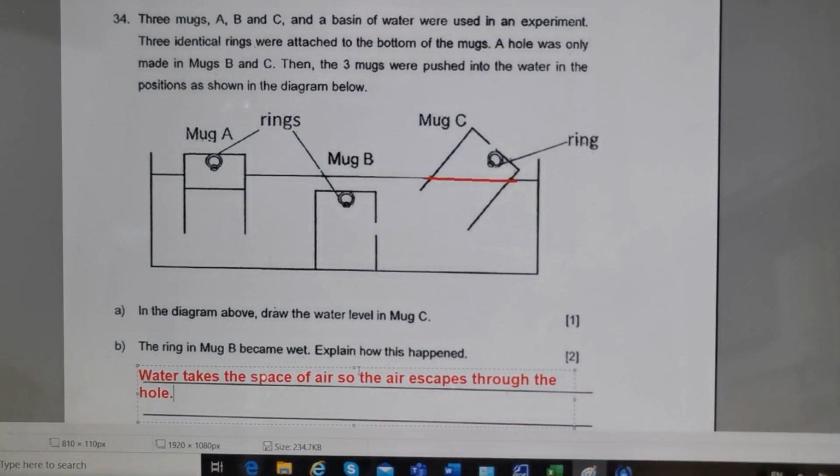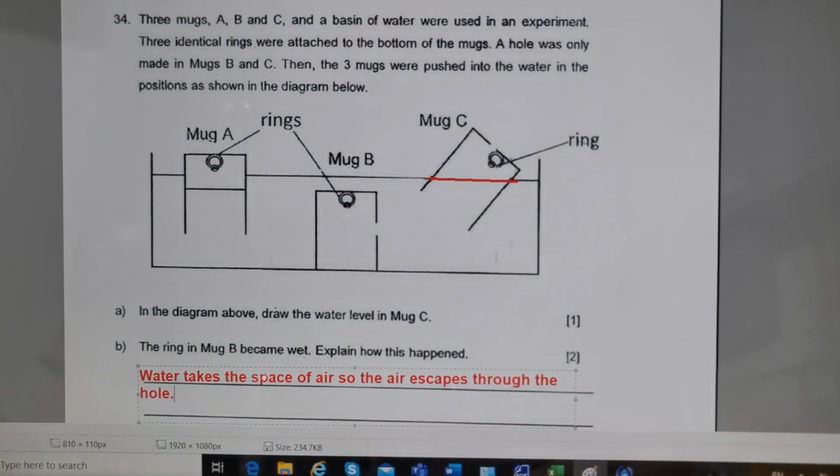Now, do you understand why the water level has to be horizontal? Because it doesn't matter how you tilt your bottle, or your mug, or your container, the water level will always remain horizontal with the ground, the table. So imagine this is the table. Let me just draw a line. How to draw a line? Hold on.